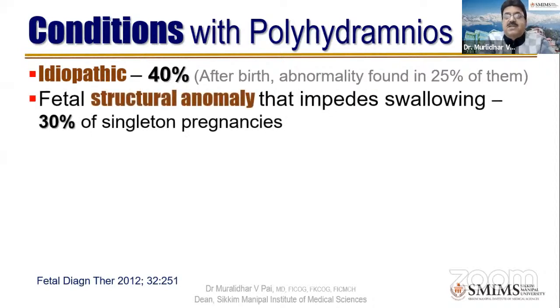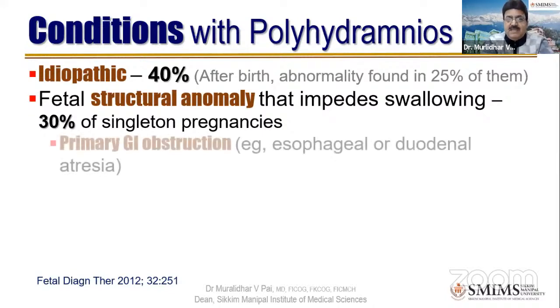Fetal structural anomaly that impedes swallowing. In the previous slide, we saw the main contribution to the polyhydramnios because of decreased swallowing or increased urination. So here, as I mentioned earlier, the structural anomaly that impedes swallowing contributes 30% of singleton pregnancies.